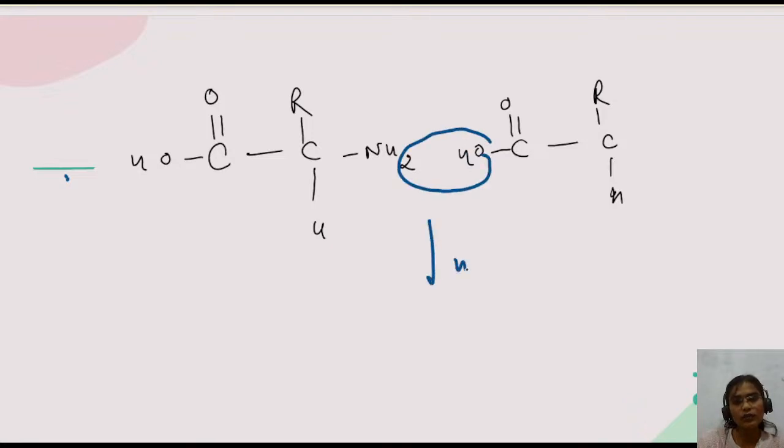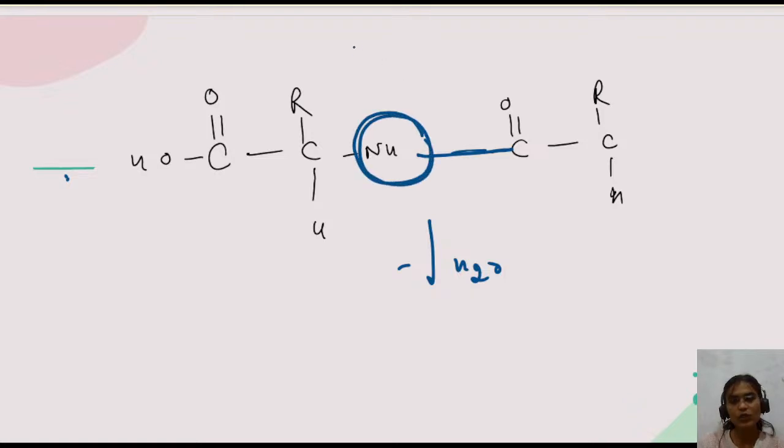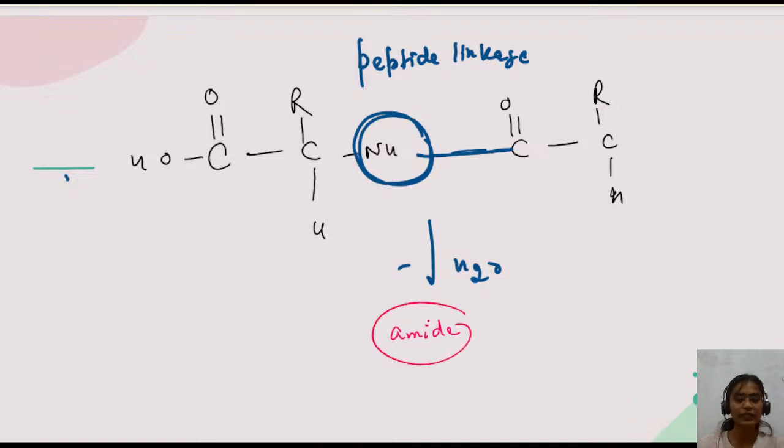So there is a water molecule release. The NH inserted in this kind of linkage is known as a peptide linkage. In terms of functional group, this is an amide linkage.